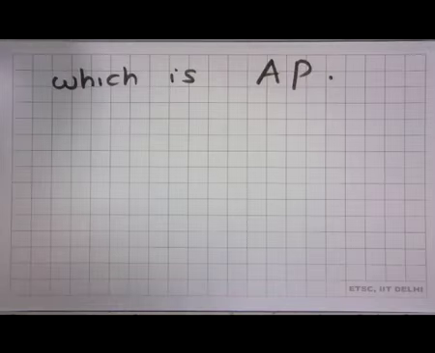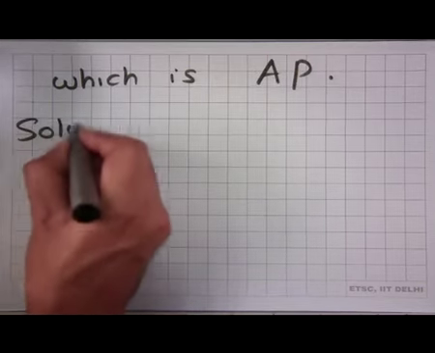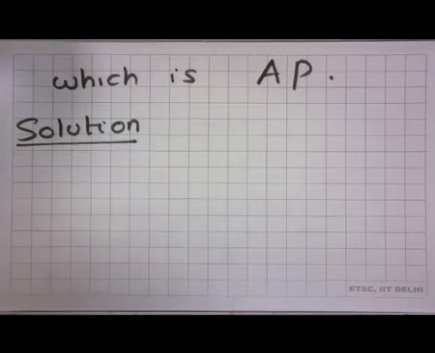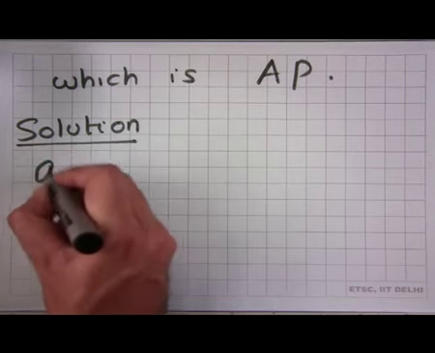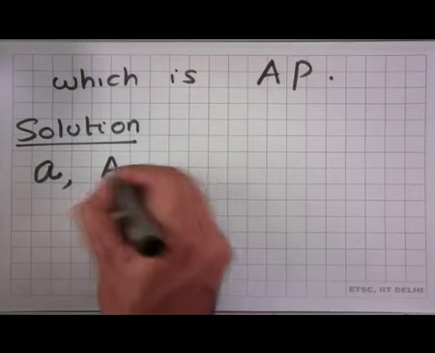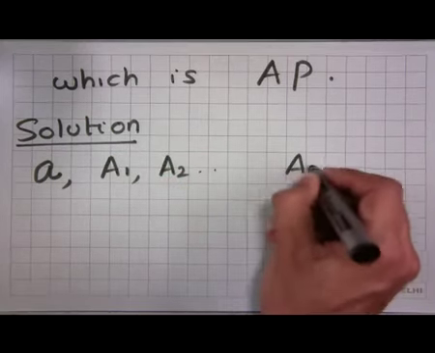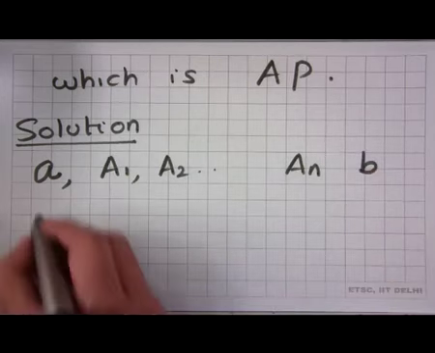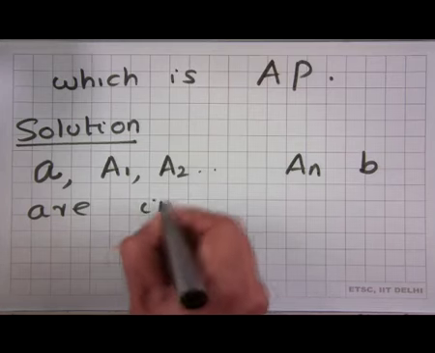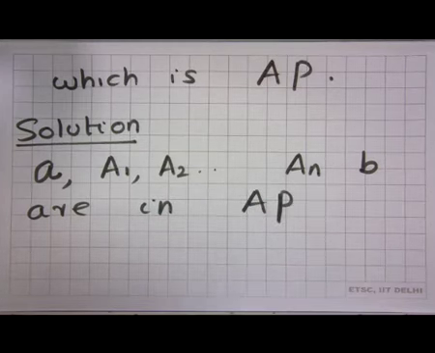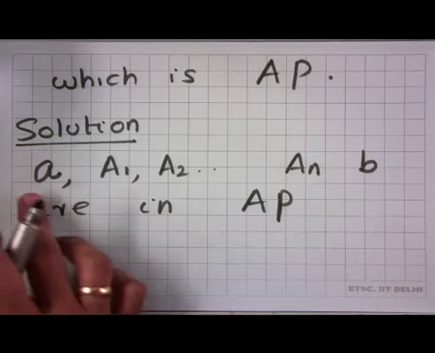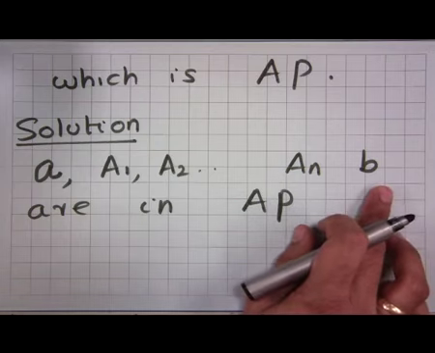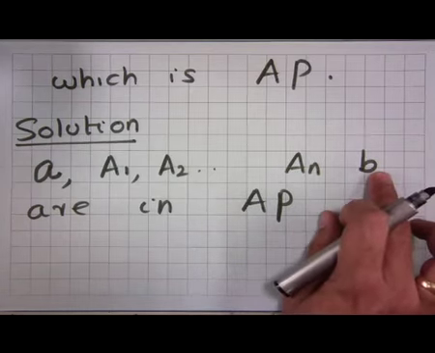Let us try to answer this. Recall that the requirement is a, A1, A2, etc., An and b are in arithmetic progression. Means these terms are some consecutive terms of an arithmetic progression. So, altogether we have n plus 2 terms with b as the (n plus 2)th term of that AP.